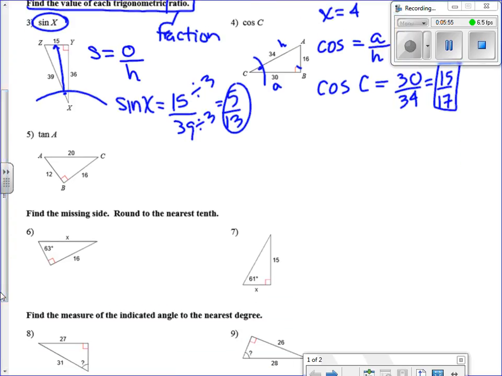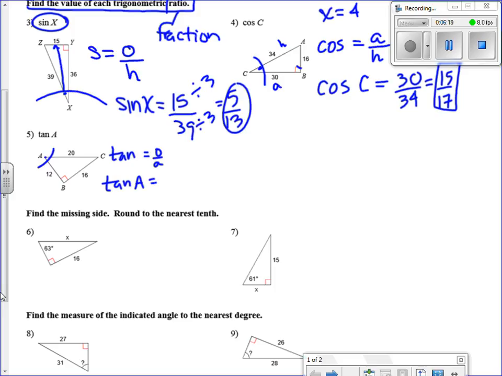Moving right along, we have this last one, the tangent of A. Tangent of the angle equals opposite over adjacent. So the tangent of A is going to equal the length of the opposite side. So remember, the opposite side is the side you can't touch.